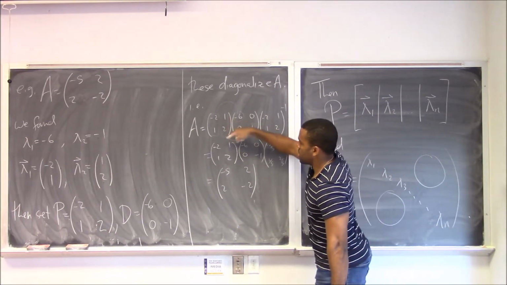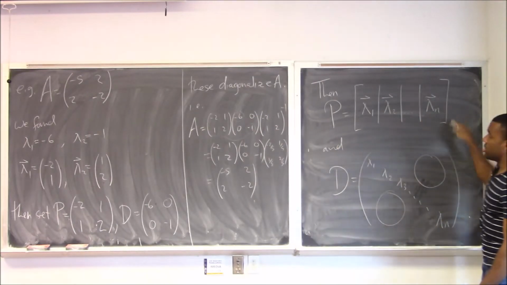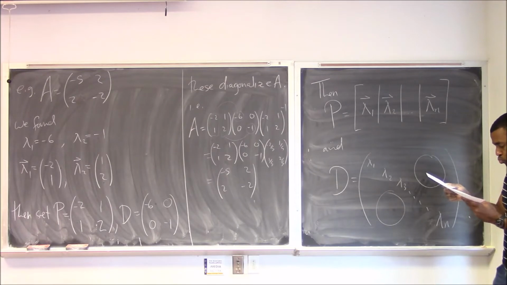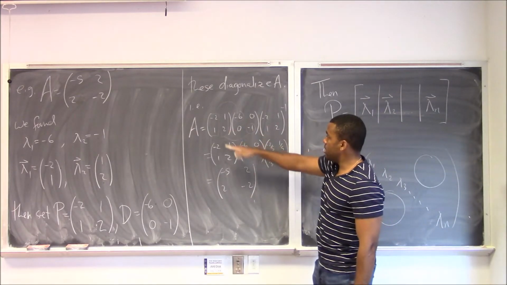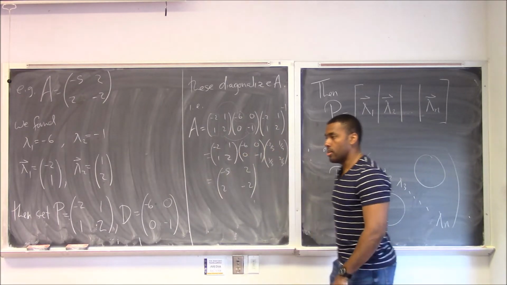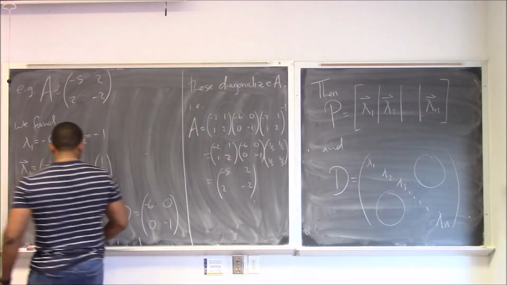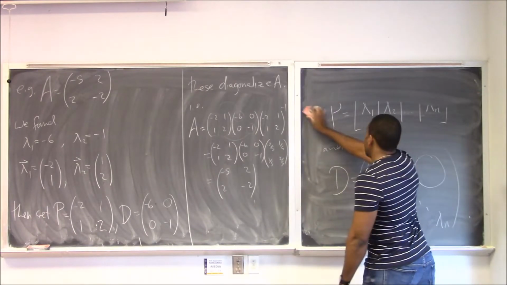So these are the eigenvectors here, these are the eigenvalues here. It has this relationship. And if you actually do this computation, take P times D times P inverse, you can simplify that, you'll get to A.